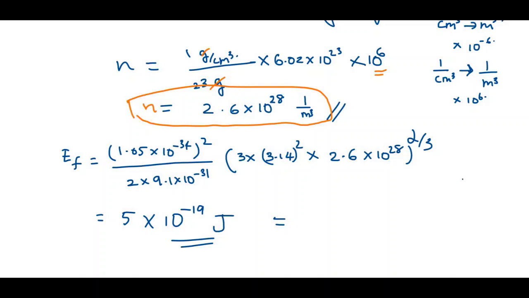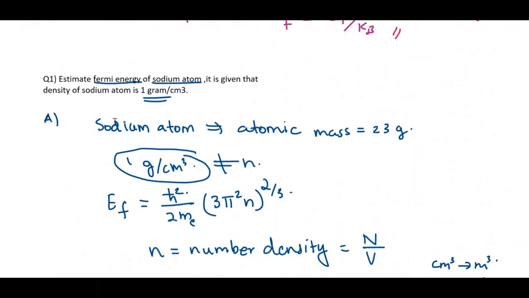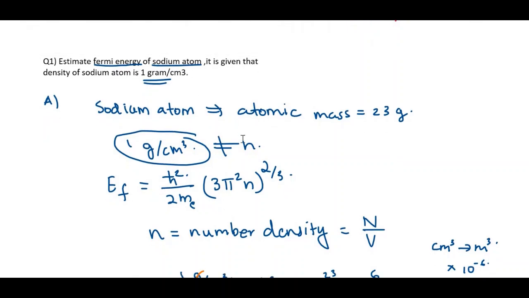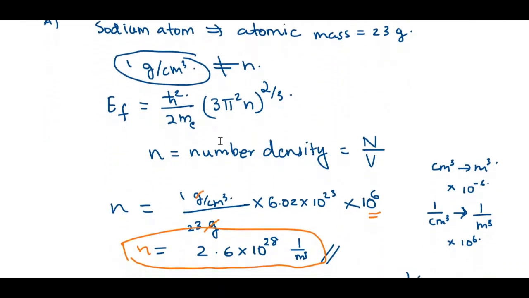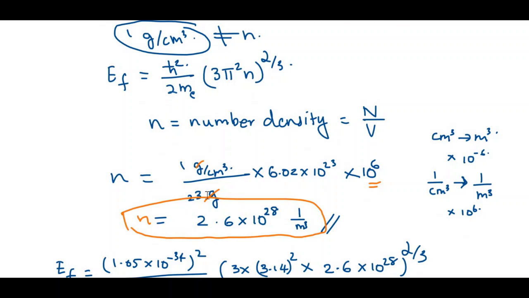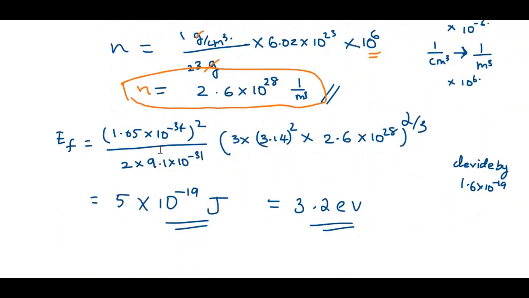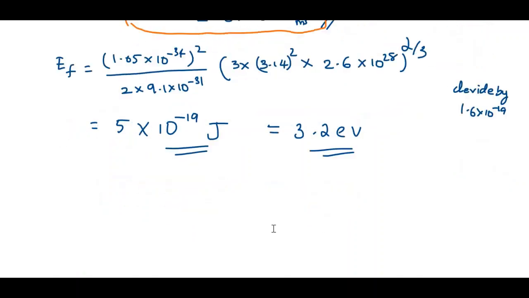Just divide by 1.6 × 10^-19. So if you divide, then you get 3.2 electron volt. So this is the answer for this question. So the first task is find number density n, then just put into the main equation, then you get the answer. So let's move into second question.